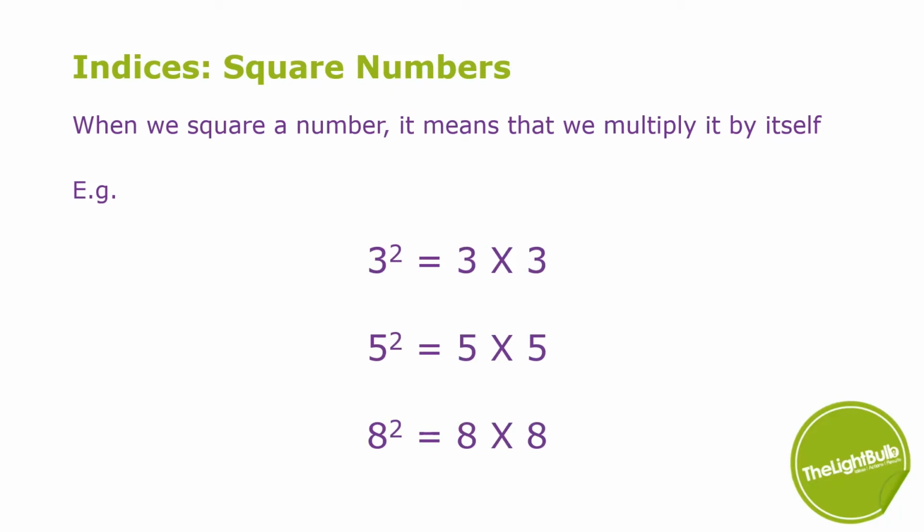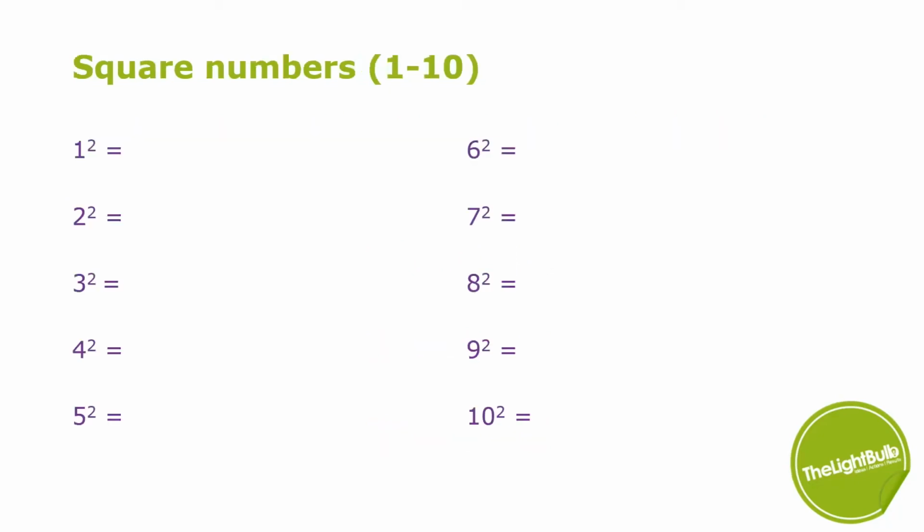So when we're squaring a number, we're simply timesing it by itself. Now, it's really helpful to be able to square single-digit numbers quickly. The quicker you can do this, the more time it's going to save you in an exam.